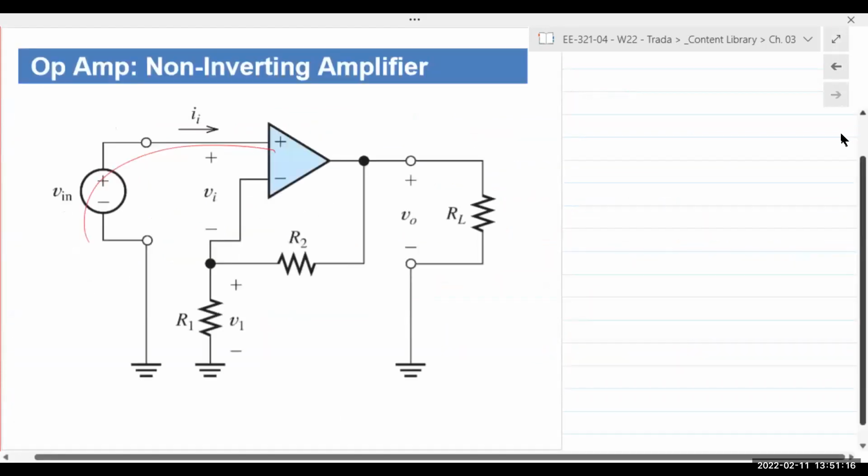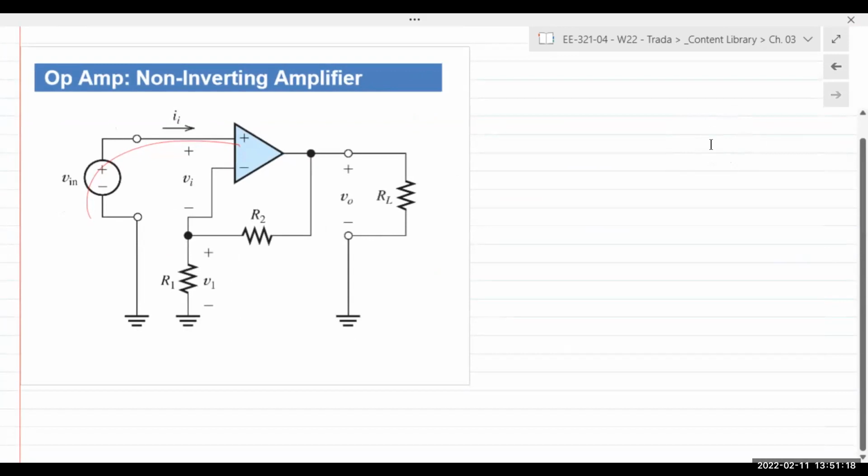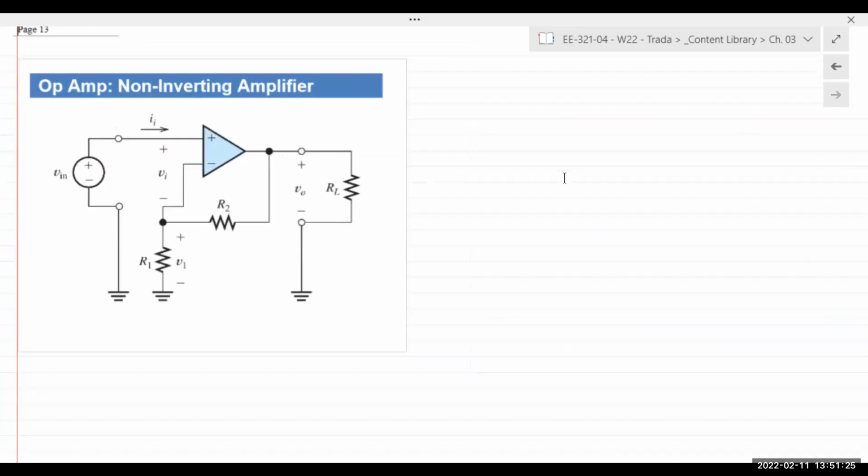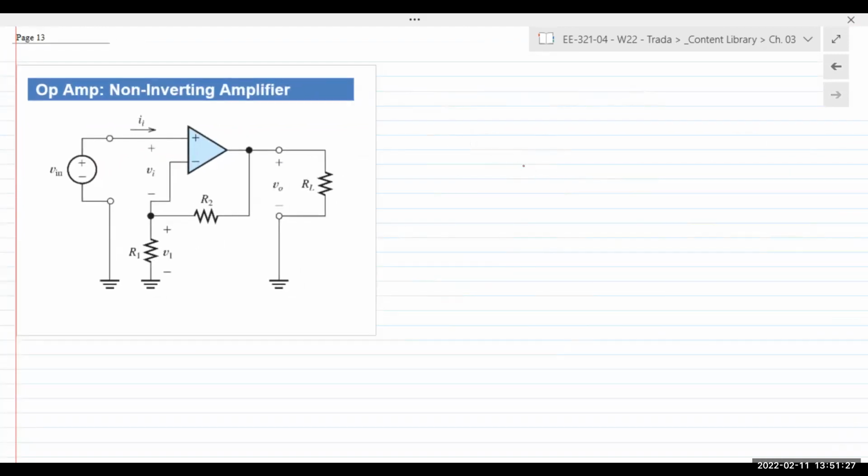Okay, non-inverting amplifier. Now, I'm usually not a big fan of switching things around like this. So the circuit diagram I prefer to use is this.